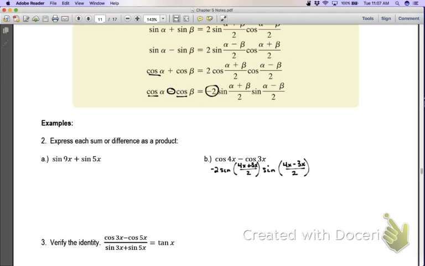This one's not as much of a shortcut as the one before, because 7 over 2, so I'm just going to have negative 2 sine of 7x over 2, sine of x over 2. So that is my final.